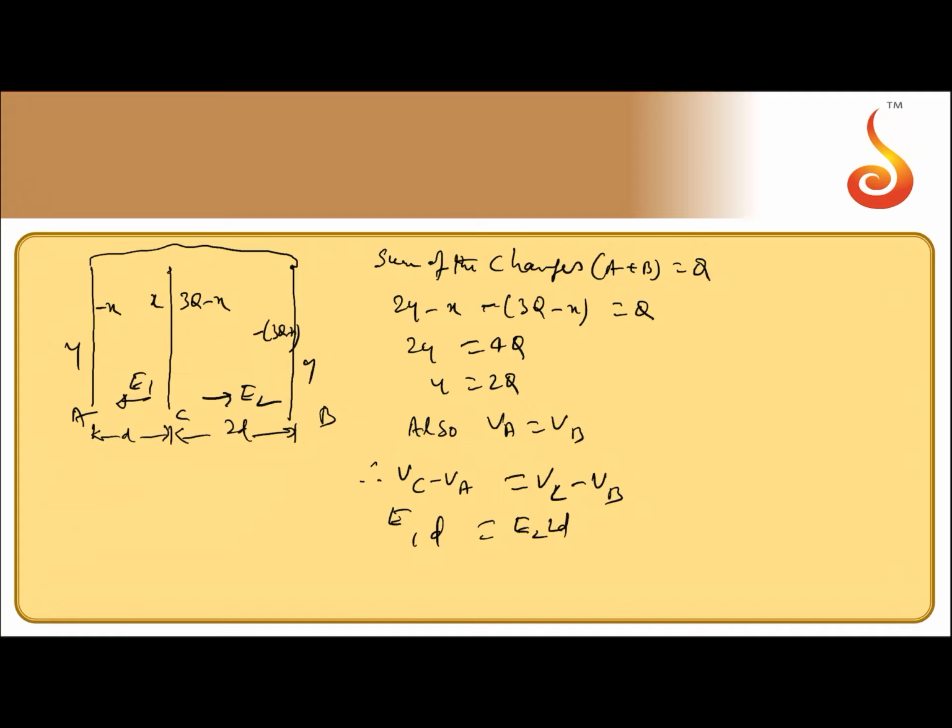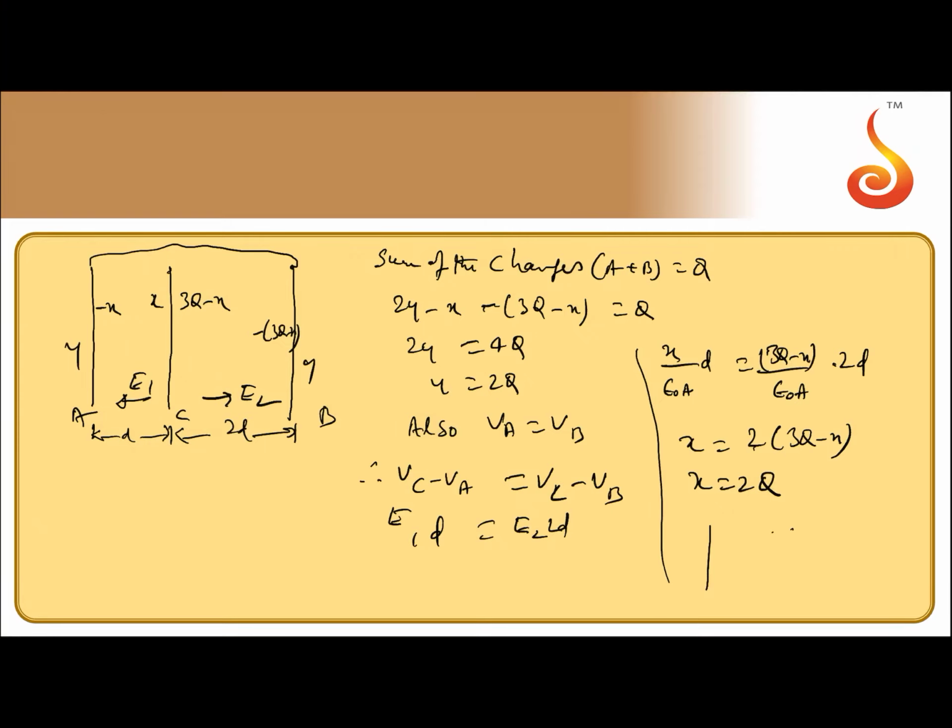So E1 x by, and E2, so x equal to 2Q. So we get the value of x and y.